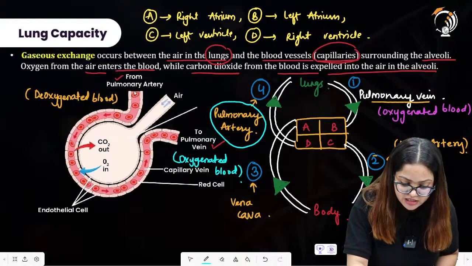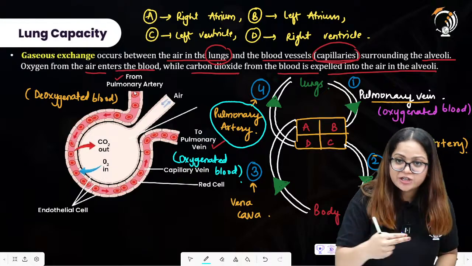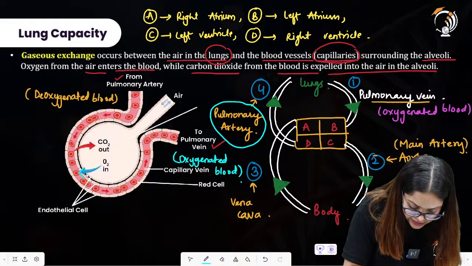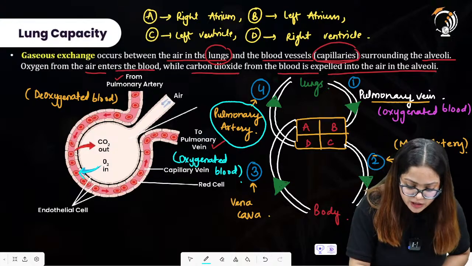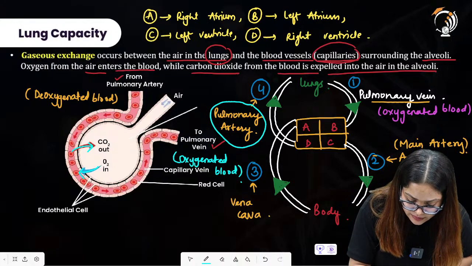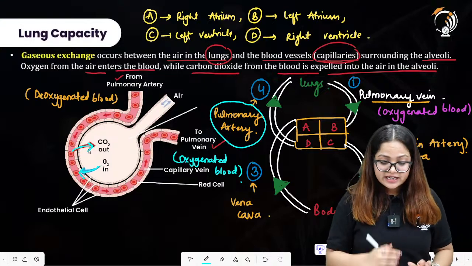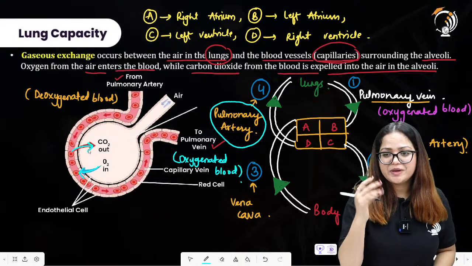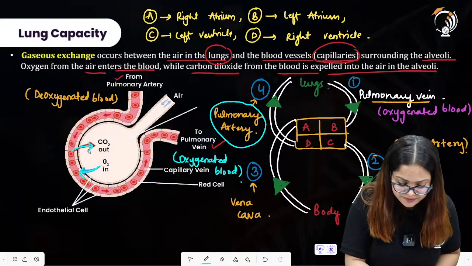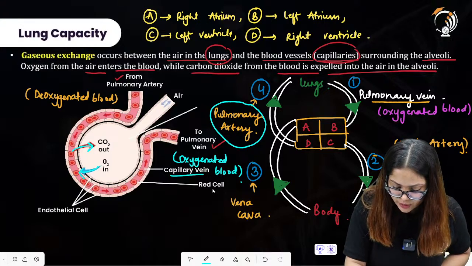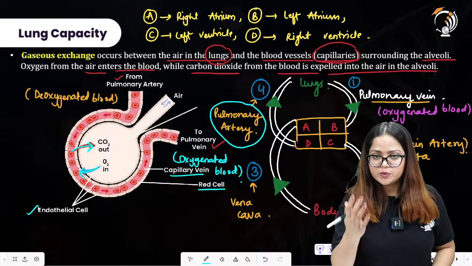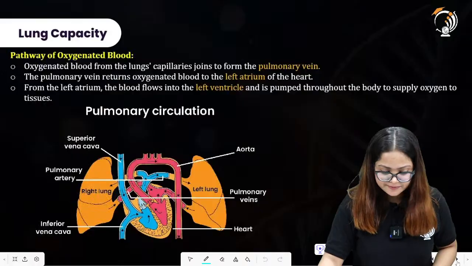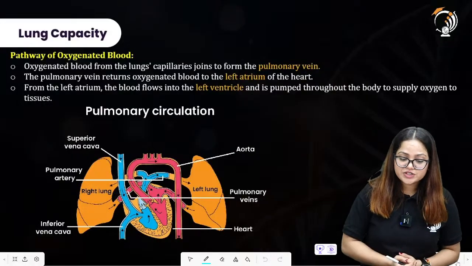The alveolus will allow the oxygen to enter the bloodstream, and that's the arrow here, and the carbon dioxide will leave from the blood vessel and be expelled from the body. I hope this is clear. This is the capillary, this is the red cell, and then we have the endothelial cell, which is of no use in your syllabus.